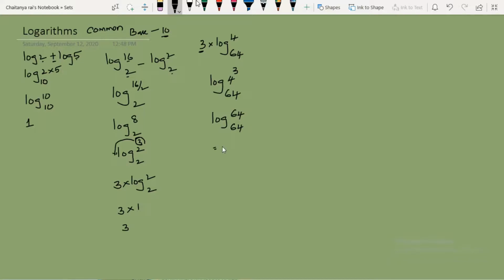And one more problem we are going to see in the same section: 2 log 3 minus 3 log 2. We need to simplify this one and make it a single logarithm. If possible, we will find its value. Just like the previous problem, we can write this 2 as a power of the argument, and this becomes log 3 square minus log 2 cube.